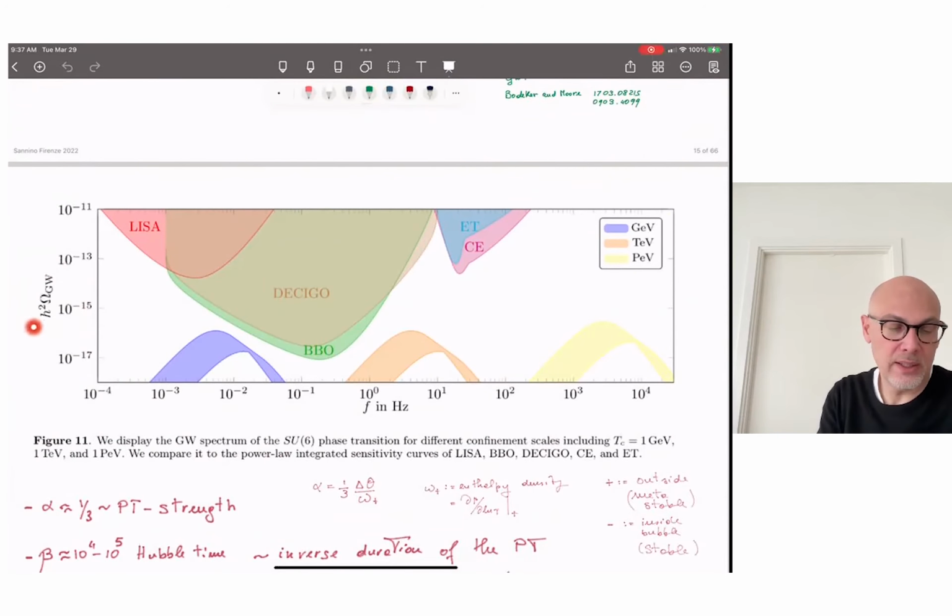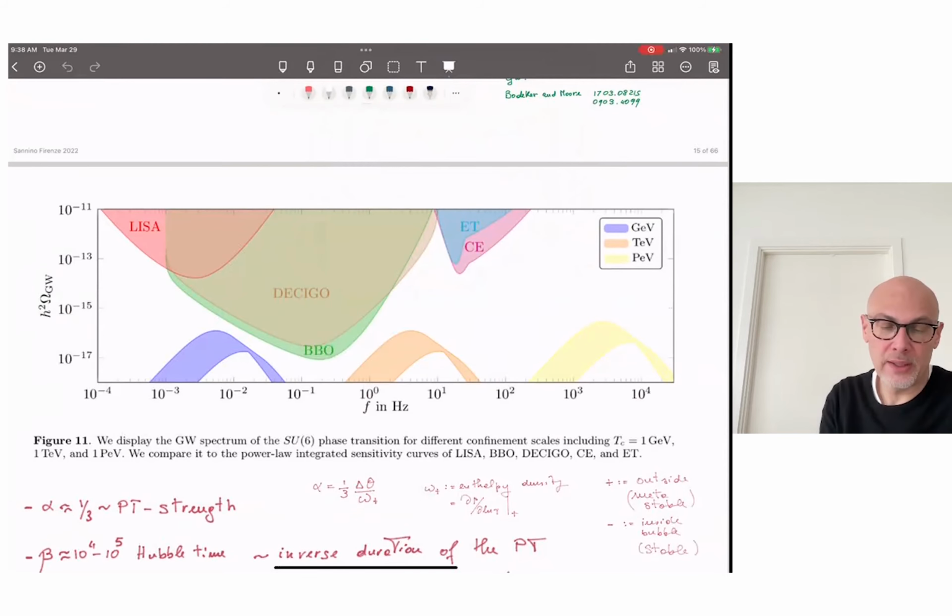these are the gravitational wave spectra as a function of the frequency. Now, these three curves correspond to different energy ranges for the confining scale. So the blue means around the TeV, then the orange around the GeV, and the yellow around the electron volt.